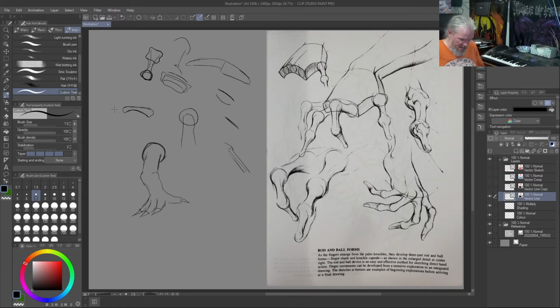So let me kind of get a good picture of this. It's not going to be easy, because of the orientation of the.